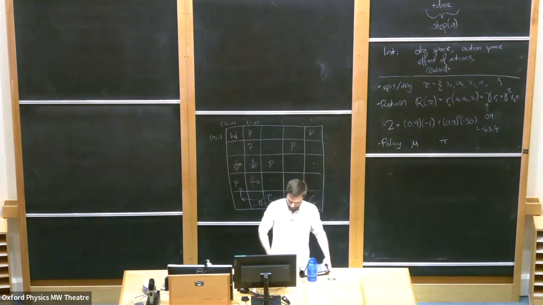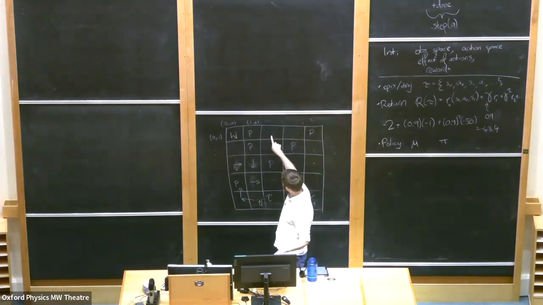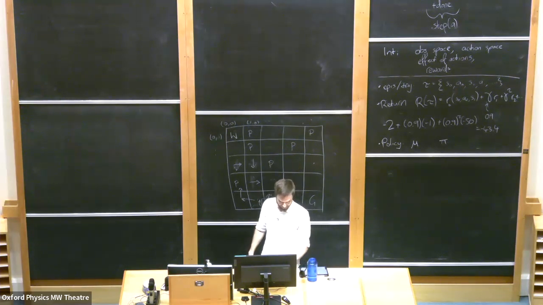Okay, so just a quick exercise to make sure for yourself that you understand these concepts. Figure out what the optimal action is at a few different points, including these 3 points up here. Then compute the return if you act optimally from the start point. Also compute it if you act optimally but take a step backwards at some point and then keep going, which would not be optimal.